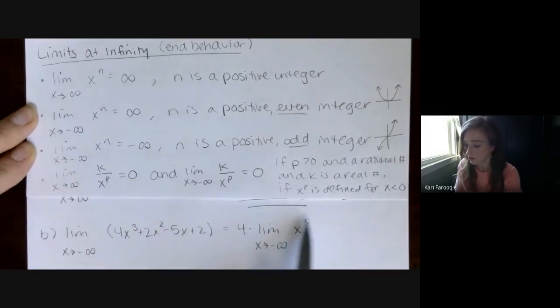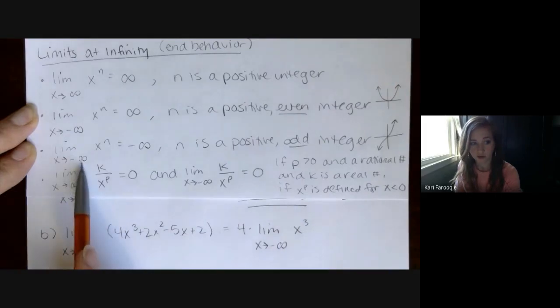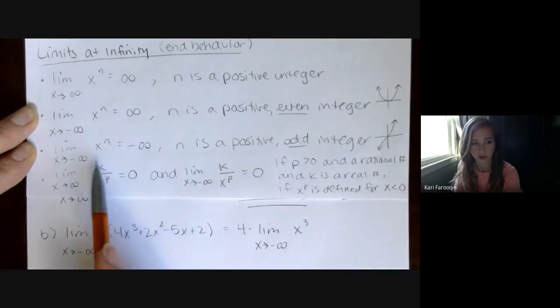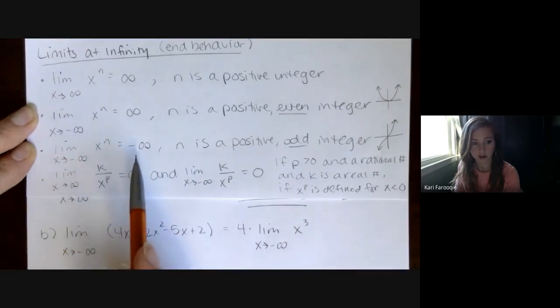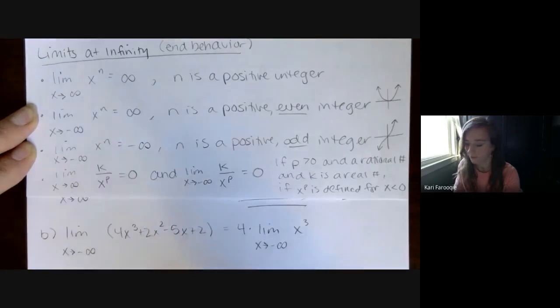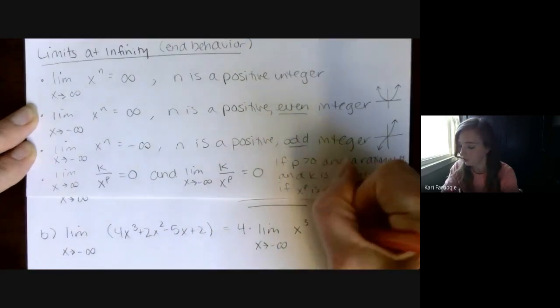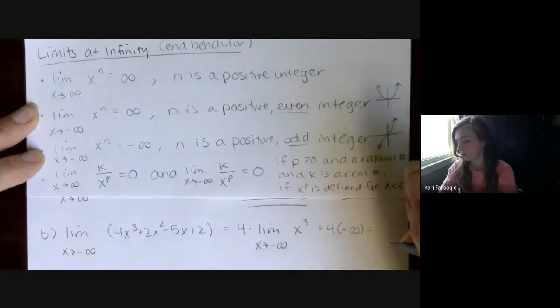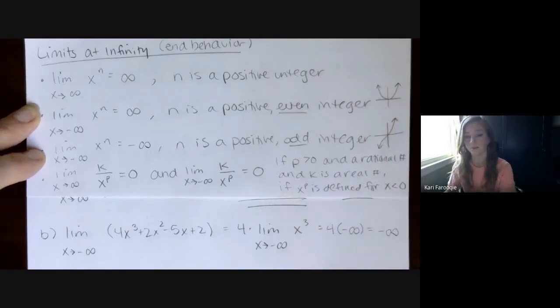We have an x to the nth here. In this case, n is 3. So if we're heading towards negative infinity, n is positive and odd, then I'm looking at this scenario where if x approaches negative infinity of x to the n, the limit is negative infinity. So I'm going to take 4 times negative infinity. And negative infinity times 4 is still going to be negative infinity.